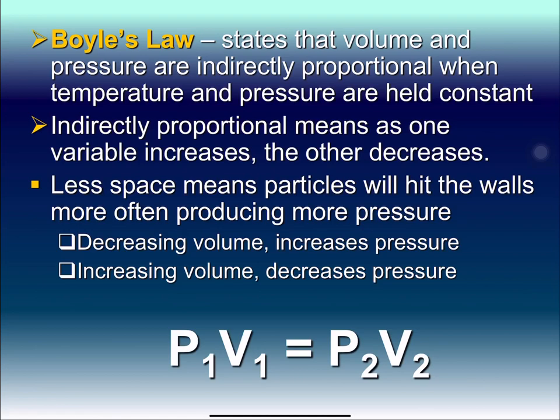So our P1, V1: if we have a container full of gas and particles moving around all over the place, and this is the volume of our container, that's our V1, and then the pressure caused by those particles is our P1. And then you're going to see that something's going to change.